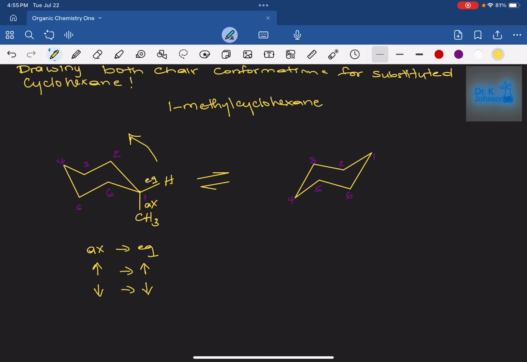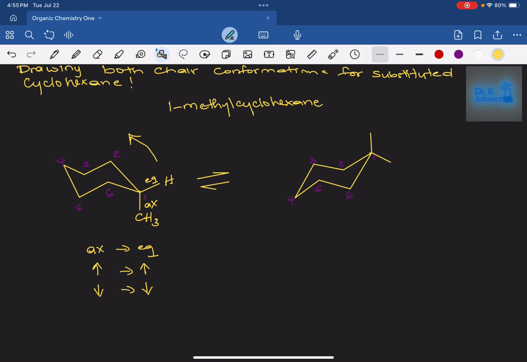Now let's go over to our rotated chair. Remember, if it's axial, it becomes equatorial. If it's equatorial, it becomes axial. And if it's up, it stays up. You can always put your bonds on because I know right here there's an axial bond that points straight up, because the lines meet pointing straight up. Equatorial bond points down.